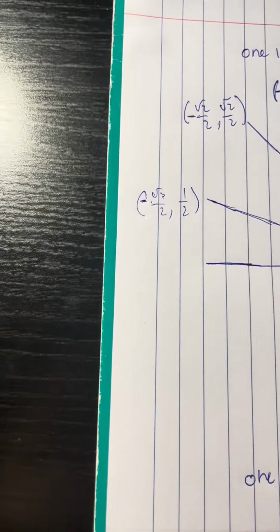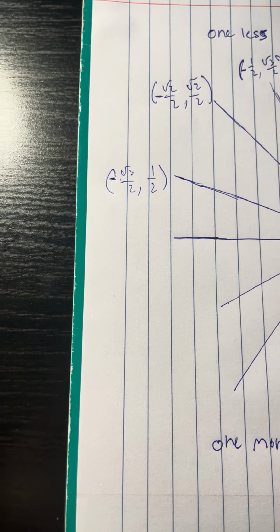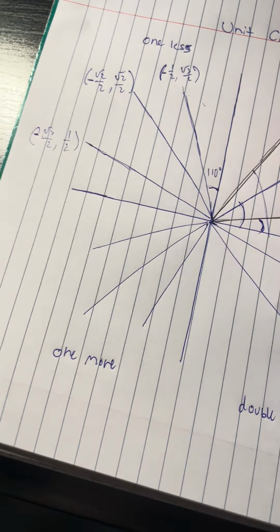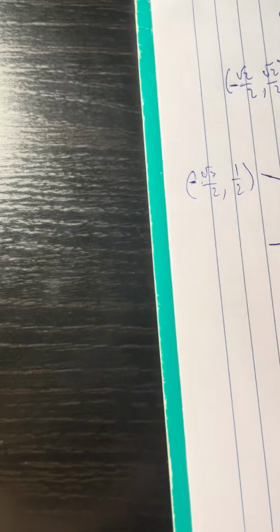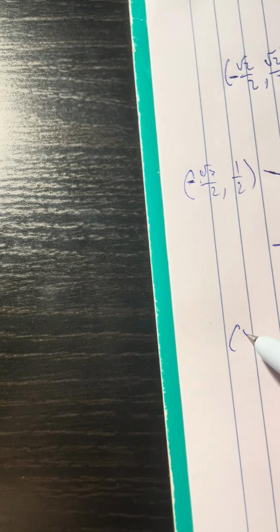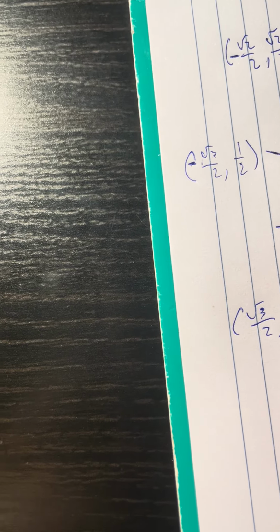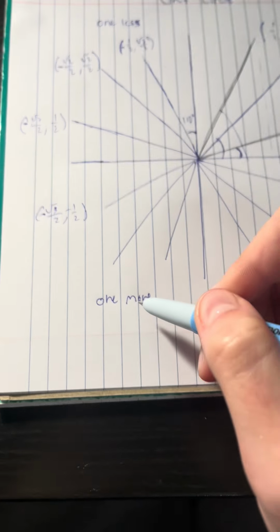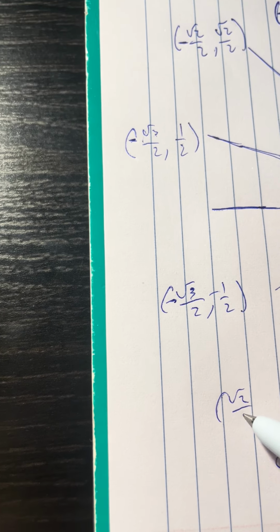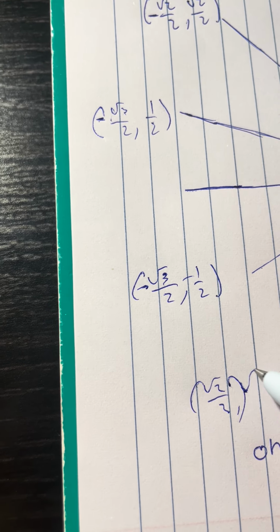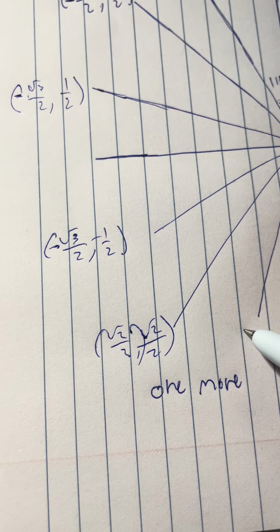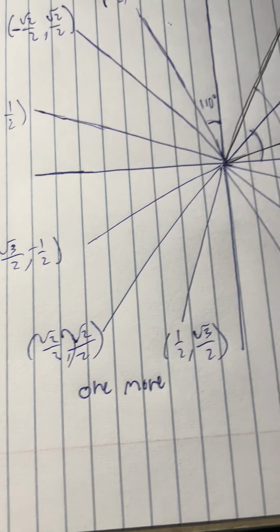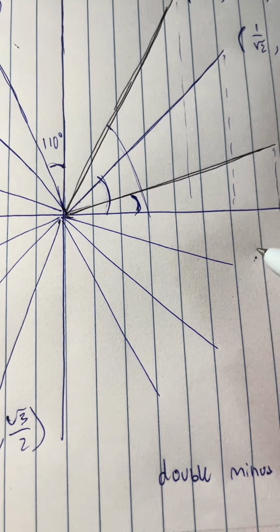Now same thing for this quadrant, and for this last one here. I'm just going to fill that out really quick. Except these ones are all going to be negative because we are in quadrant 3. 1/2, square root of 3 over 2, and then same thing here.